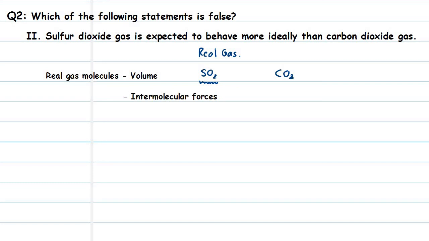And another difference is intermolecular forces. For sulfur dioxide, one way to write the chemical structure is this with lone pairs. Some may draw the chemical structure of SO2 slightly different from this, but in either case, SO2 is a bent and polar molecule, and its major intermolecular force would be dipole-dipole. But for CO2, the chemical structure would look like this.